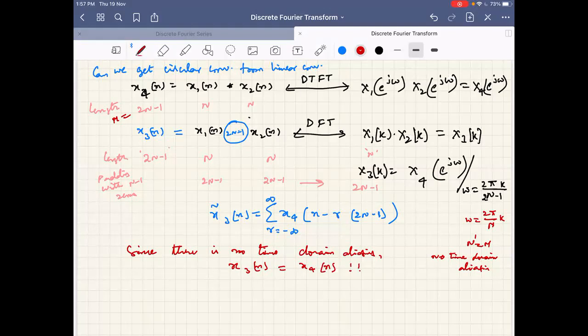So through circular convolution with 2n-1 points, x1 of n circular convolved with x2 of n is equal to x1 of n linear convolved with x2 of n, when x1 of n and x2 of n are length n sequences.